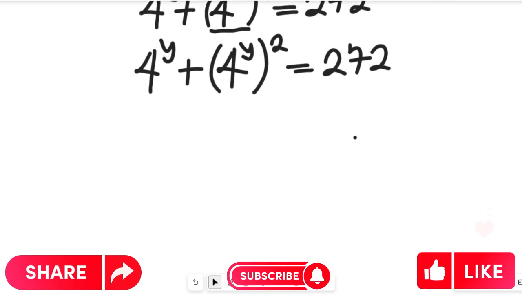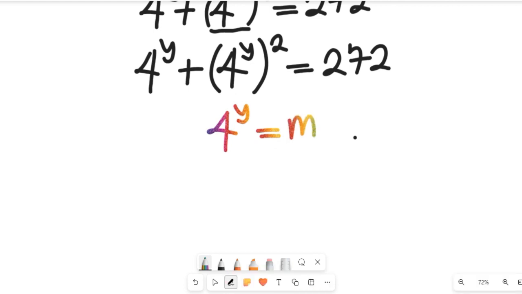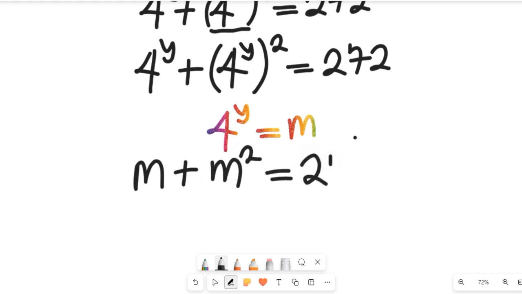Great. Now let's simplify this further. We are going to make 4 to the power of y equal to, let's make it m. If we have 4 to the power of y equal to m, then that equation will give us m plus m squared, and that will be equal to 272.